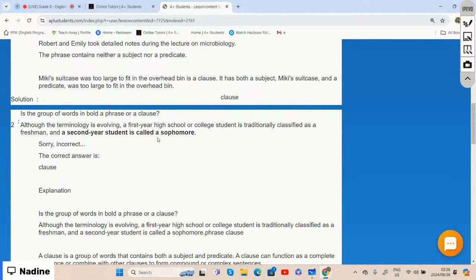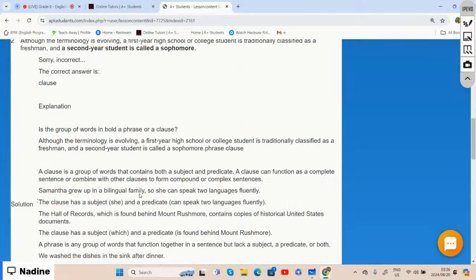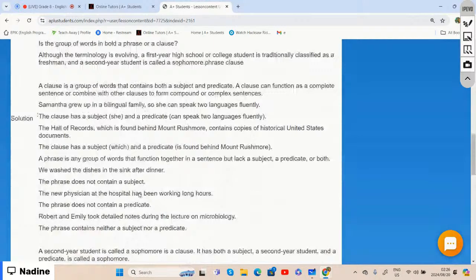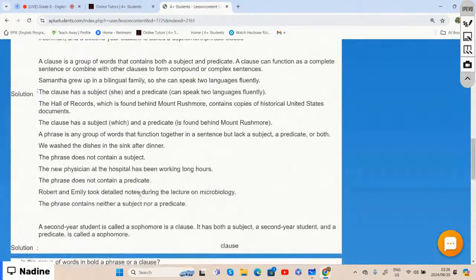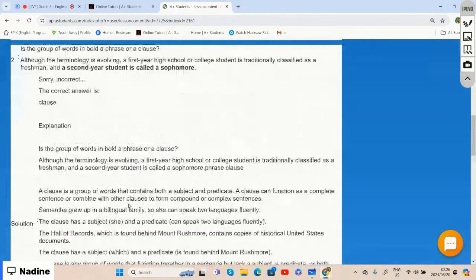All right. So a second year student is called a sophomore. That is what the emphasis is put on. And if we were to say if there is a phrase or a clause, then we will say it is a clause, which is that a second year student is called a sophomore.